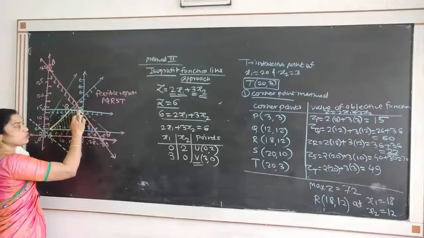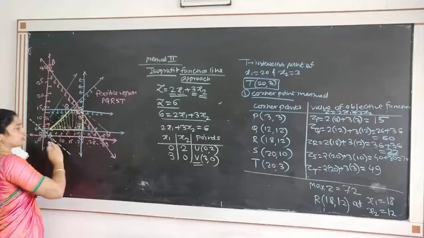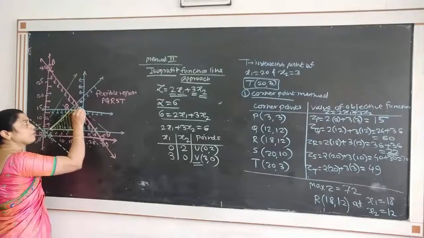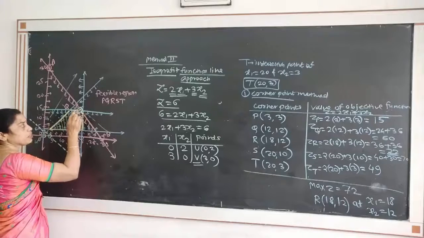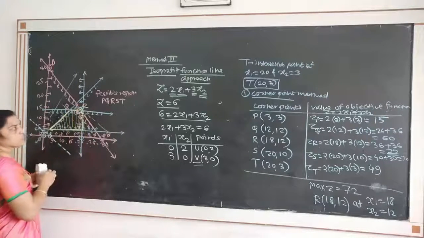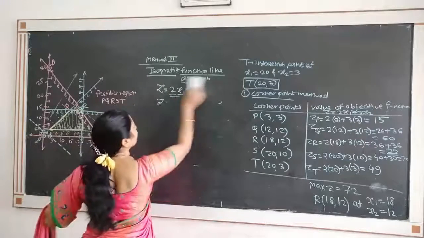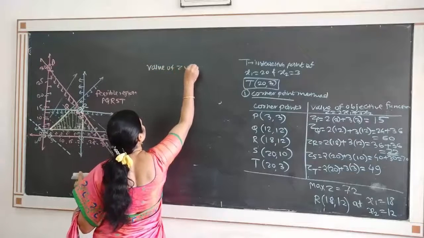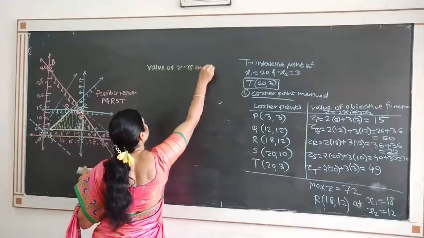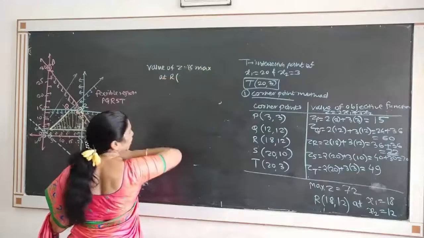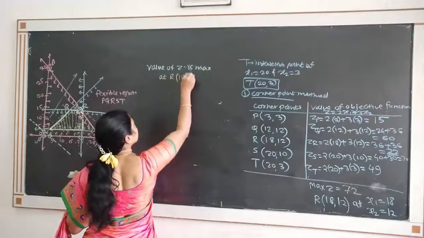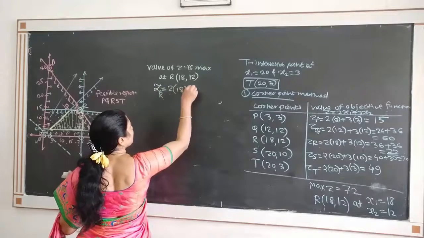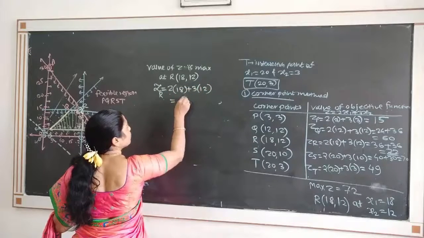Up to this is the extreme point of the feasible region through which the line parallel to the objective function line passes, and therefore the value of z will be maximum at this point. This is nothing but our R point. So by the isoprofit method, the value of z is maximum at the R point, which comes to be (18, 12), and the value of Z at (18, 12) is 2 into 18 plus 3 into 12, which comes to 72.